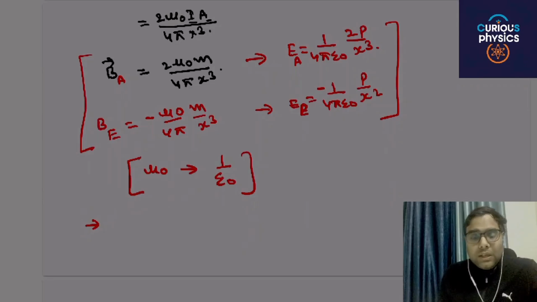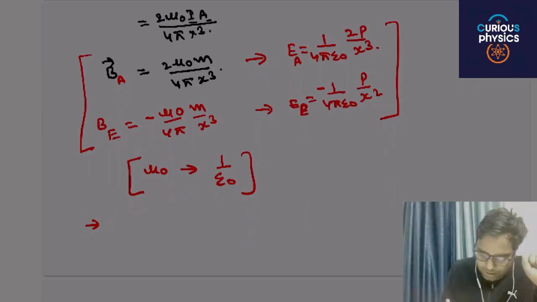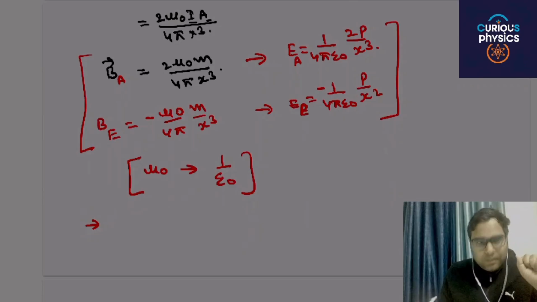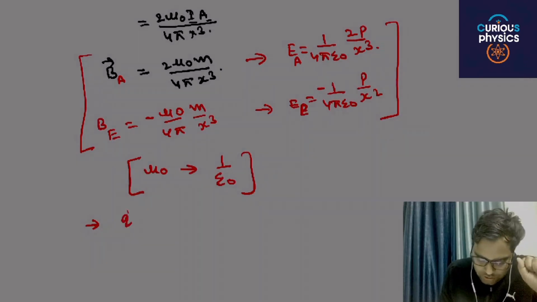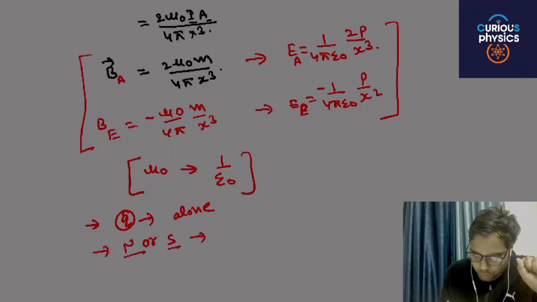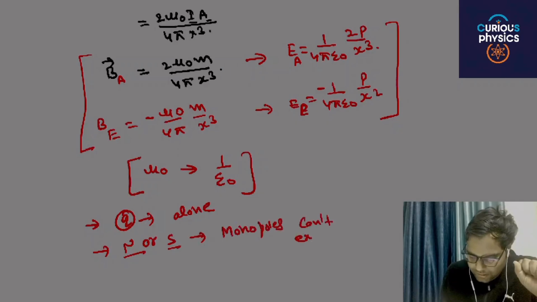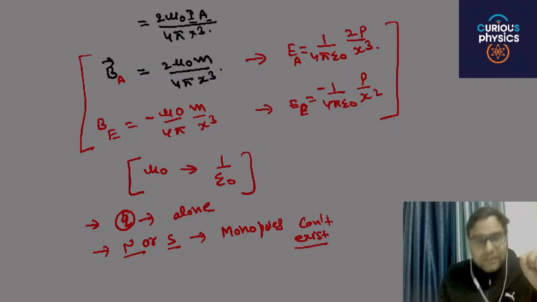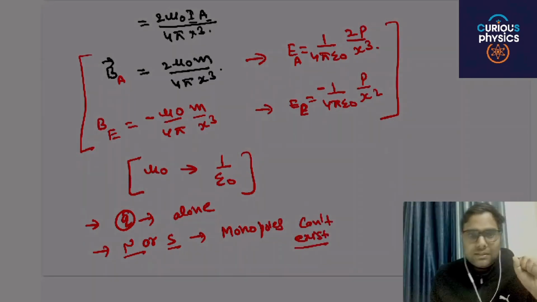They have to be in pairs. A charge Q can be there alone, but north or south monopoles cannot exist. They have to exist in pairs.